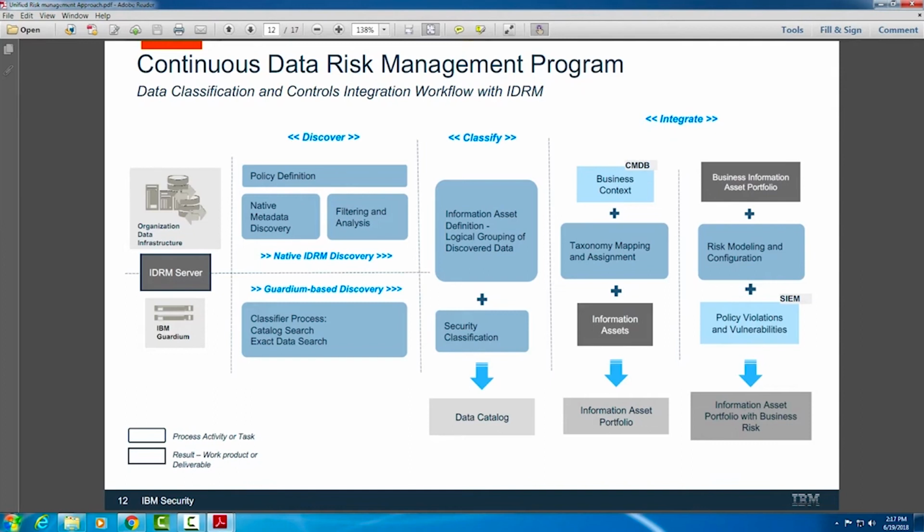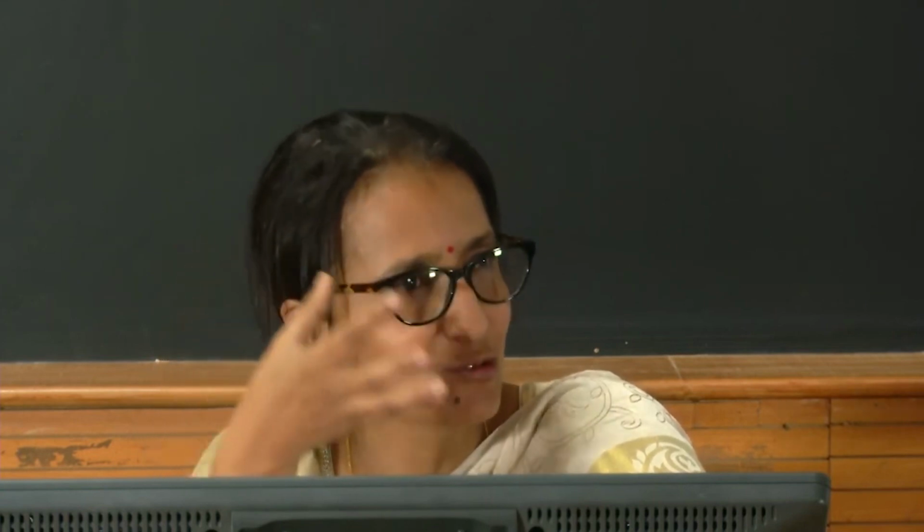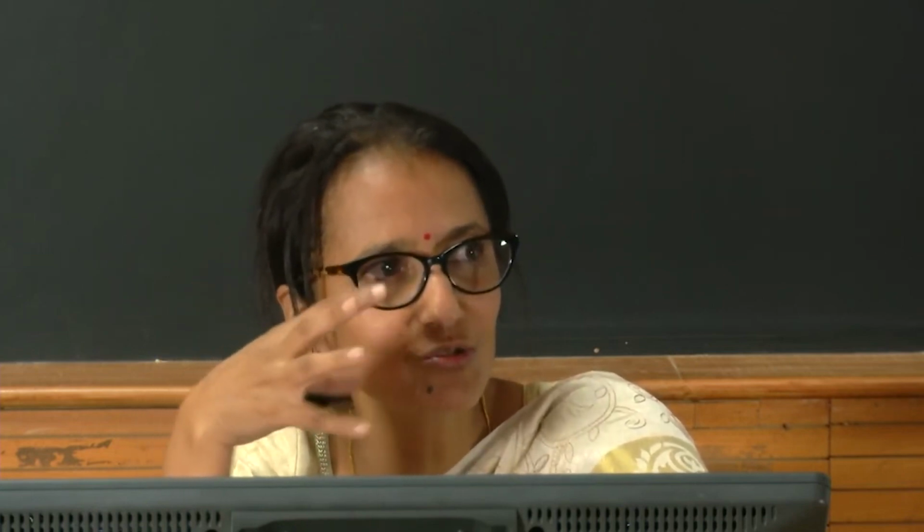More or less, overall, how I can say about IDRM is model, manage and govern. See, the model is basically, as I told you, there are a lot of policies involved, like you can create your own policies or you can use the policies from Guardium, and naturally there will be a lot of set of users, so there will be user definitions, and those kind of activities will go into the model.